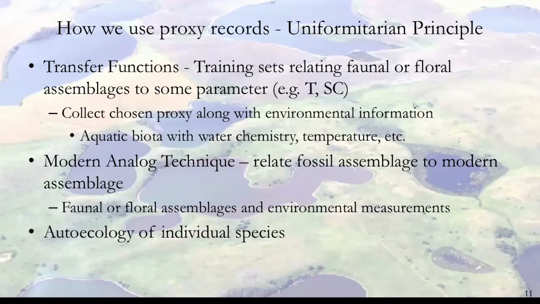In both of these techniques, there's an assumption being made that we already have an idea what the important environmental factor is that is affecting the distribution or presence-absence of different species, say of ostracods or diatoms.